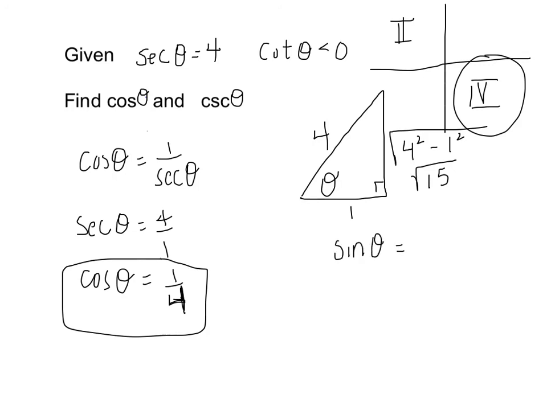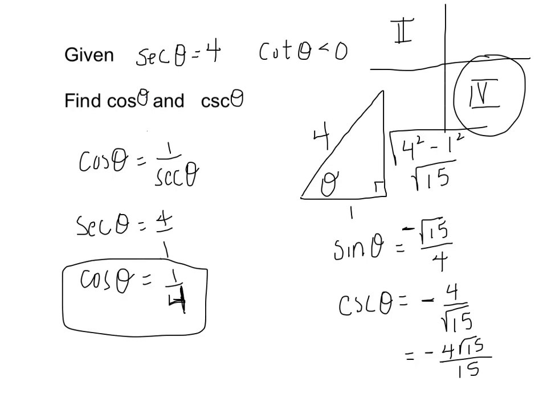Sine theta is square root of 15 over 4, but we're in the fourth quadrant where sine is negative. So the cosecant of theta is going to be negative 4 over the square root of 15. Now if we rationalize that, that would be negative 4 square root of 15 over 15. And that would be our final answer.